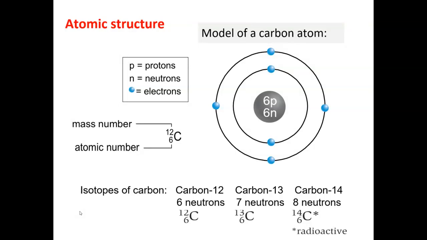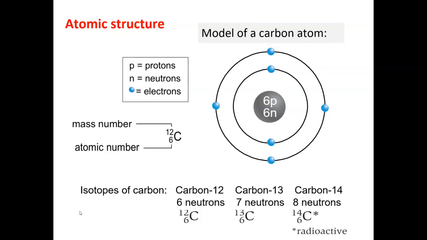So if I would give you, on an exam, the atomic number and the mass number of an element, and I would ask you how many protons, how many neutrons and how many electrons are in an atom of that element, you should be able to figure that out pretty easily.